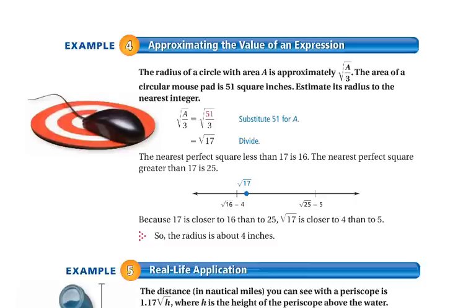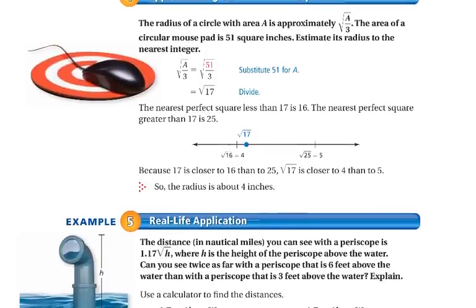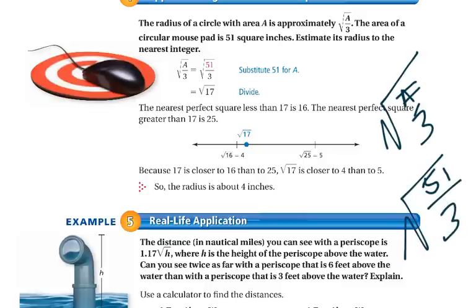You are going to look at a problem, and like it says here, a radius of a circle with an area A is approximately the square root of A over 3. The area of a circular mouse pad is 51 square inches. Estimate the radius to the nearest whole integer. Well, if it is the square root of A over 3, and A is 51, then it's the square root of 51 over 3.